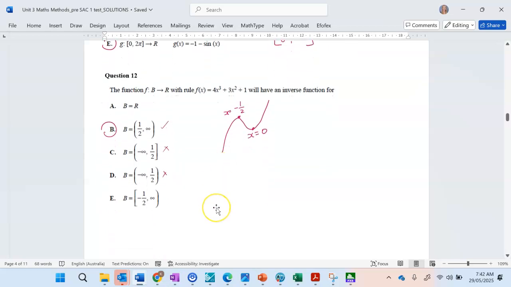So this one was 50%. All right, so another inverse function that we have to make 1 to 1. So drawing the graph is easy then to see how to make it 1 to 1. So you could either have from negative infinity to negative half, which was not one of the options.